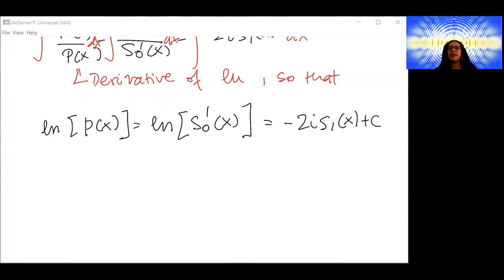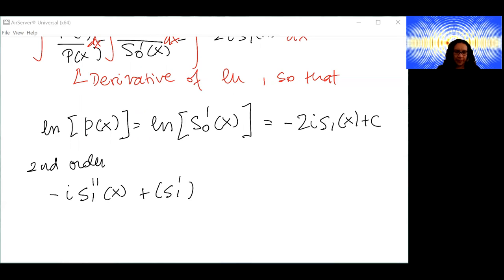Anyway, second order, you can move on. You can do this up to whatever order you think is useful for you. So you have minus i S1'' plus S1' squared plus 2 S0' S2', second order, S0'. I'm omitting the argument because I'm a bit fed up, but you have x everywhere.